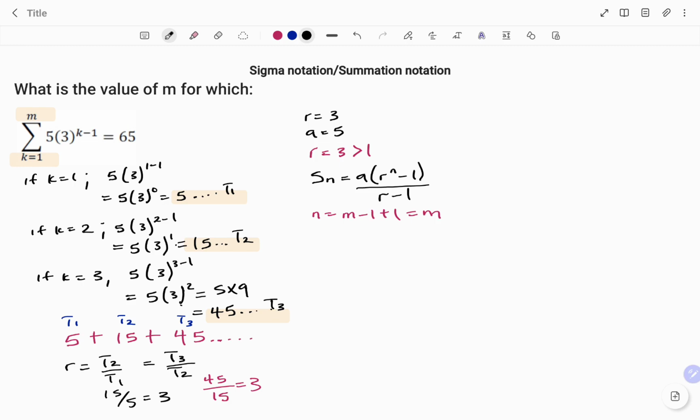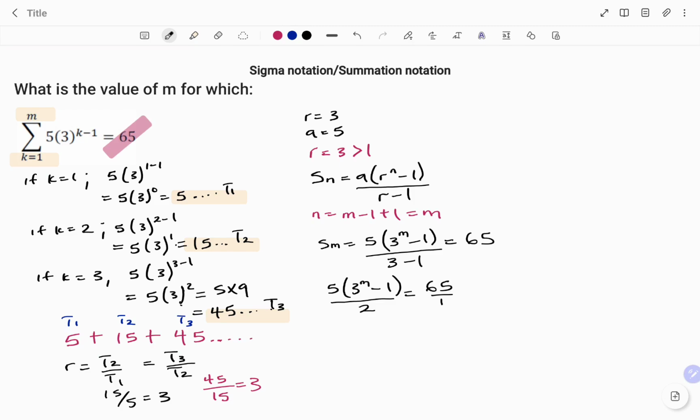If I replace that, I have the sum of m, which is equal to my first term a, that's 5, in bracket 3 to the power of m minus 1, divided by r, that's 3 minus 1, must be equal to 65, as shown in the question. Therefore, if I solve, I have 5 bracket 3 to the power of m minus 1, over 3 minus 1, that's 2, equals 65 over 1.